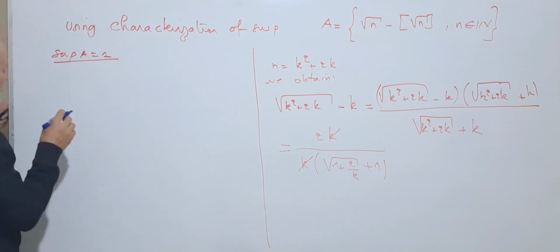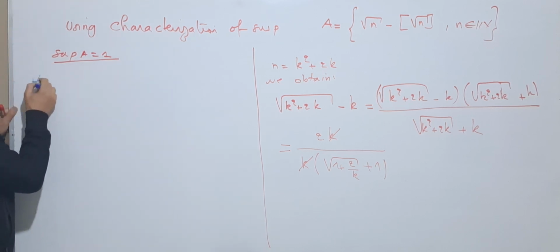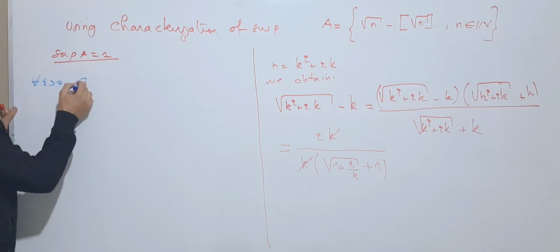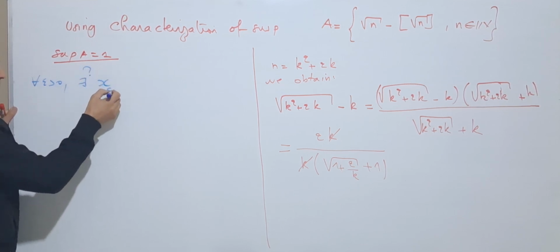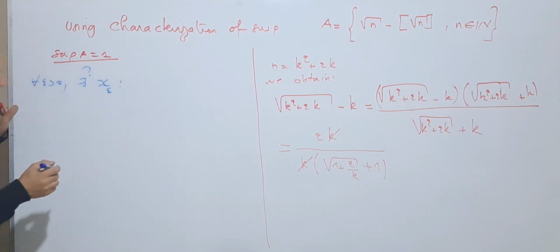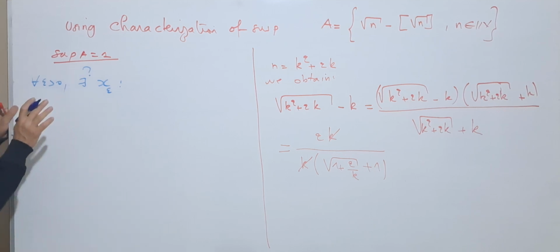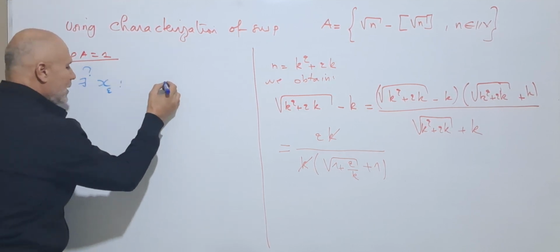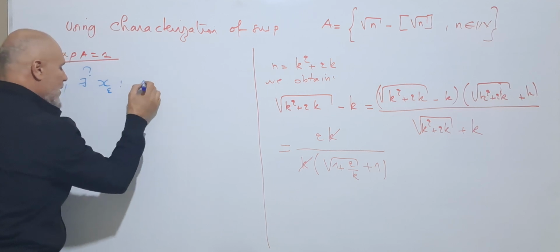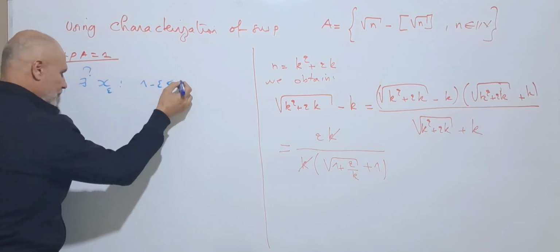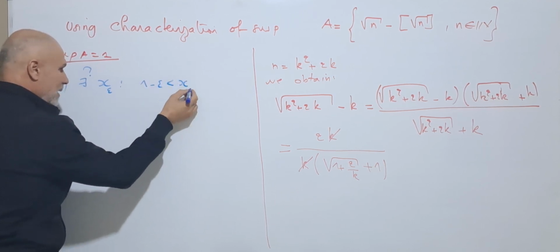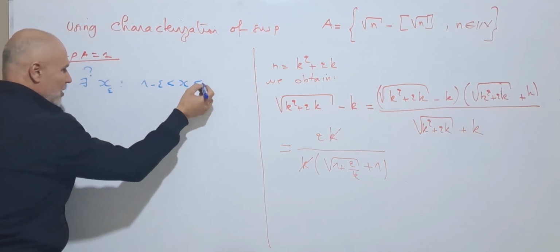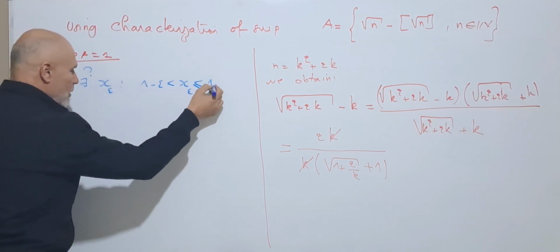In this case, for all epsilon greater than 0, can we find x epsilon such that 1 minus epsilon is less than x epsilon, which is less than or equal to 1?